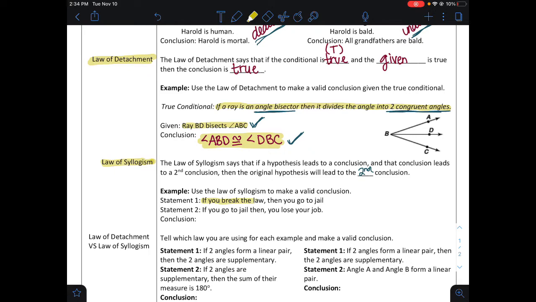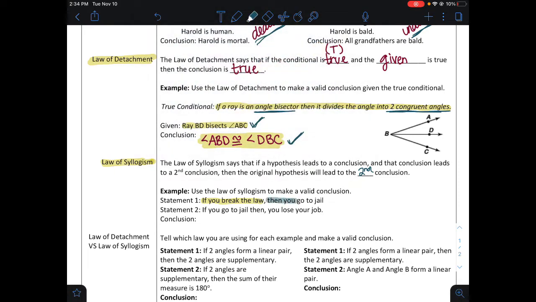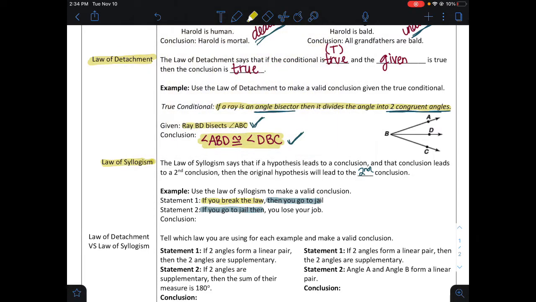Let me use colors, y'all know how I like to do. Statement 2 starts with the jail part, so I'm going to use the same color that I used for the first jail part. Then it says you lose your job. This is a totally different statement. So the conclusion is basically going to take the if you break the law part.